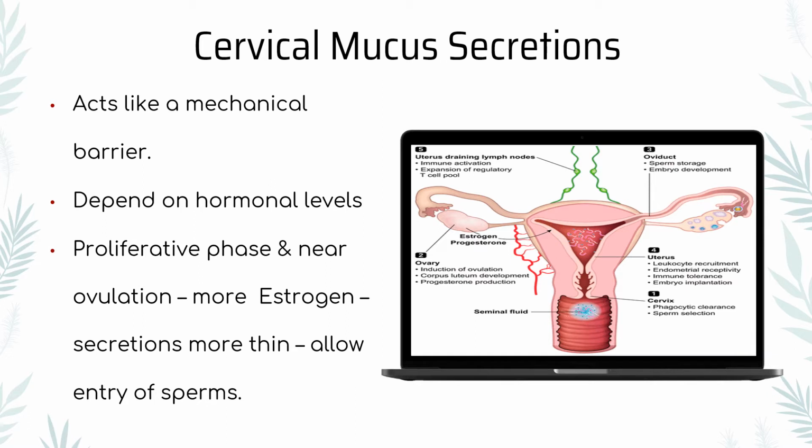Under the influence of estrogen, the cervical secretion becomes thin and watery, which favors the passage of the sperms. Morphologically abnormal sperms cannot pass through the cervical mucus barrier and get entrapped within the fluid.